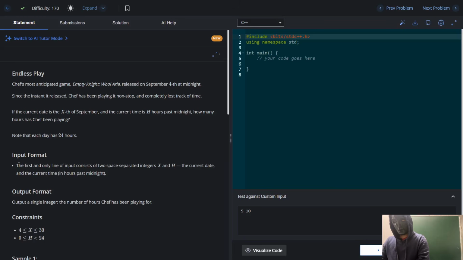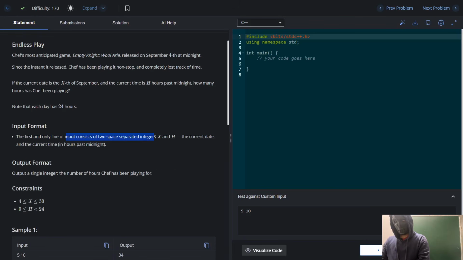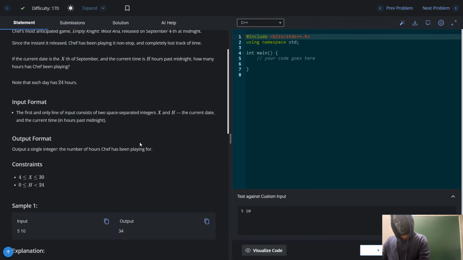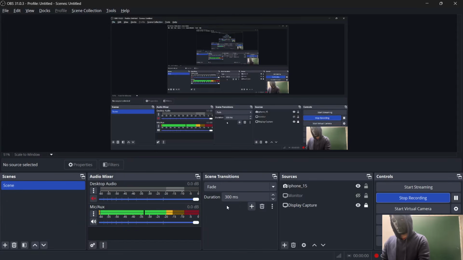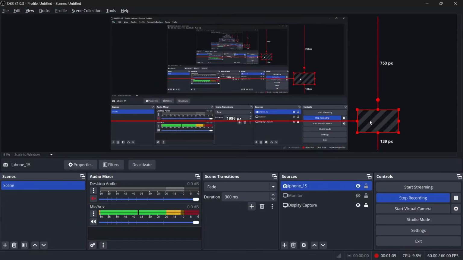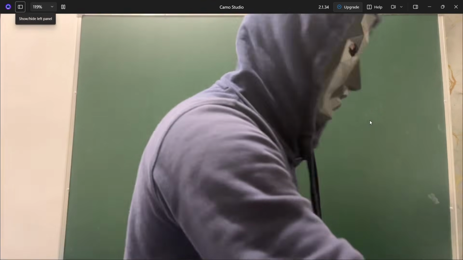So we have an input in which we have x and h. Let's take one of the inputs and try to understand it. What we have is 5 and 10.